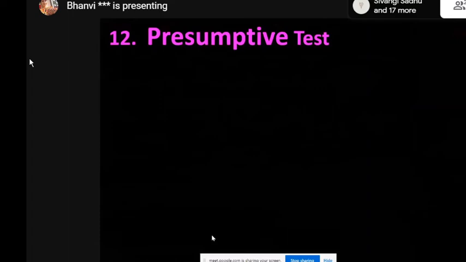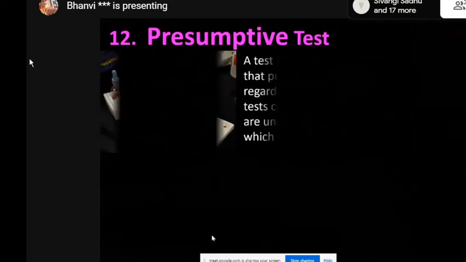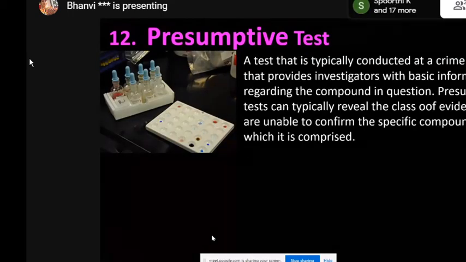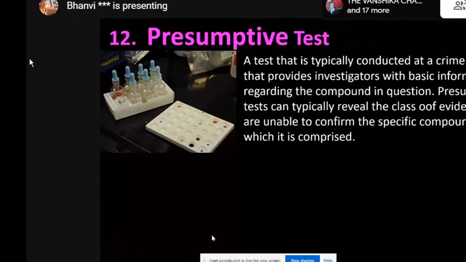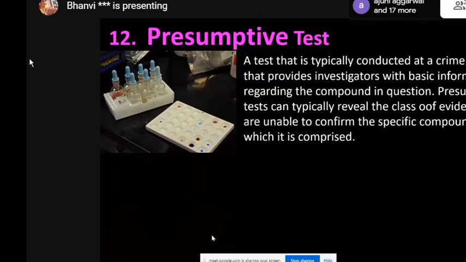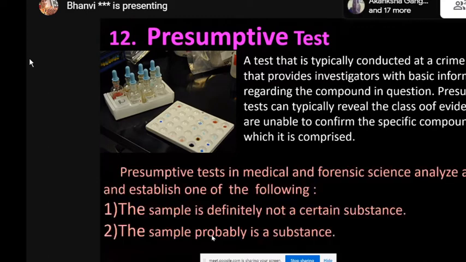Next is presumptive test, a test that is typically conducted at a crime scene that provides investigators with basic information regarding the compound in question. Presumptive tests can typically reveal the class of evidence, but are unable to confirm the specific compounds of which it is composed. Presumptive tests in medical and forensic science analyze a sample and establish one of the following.